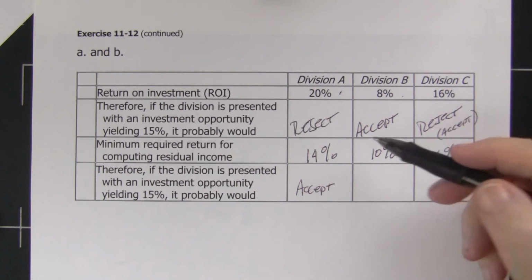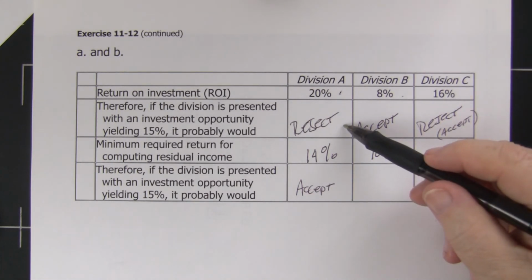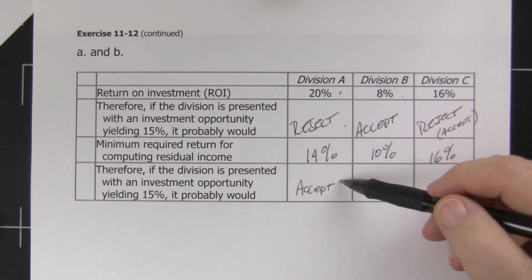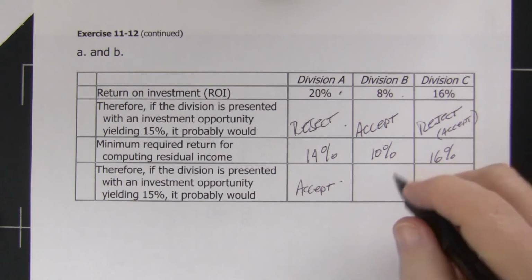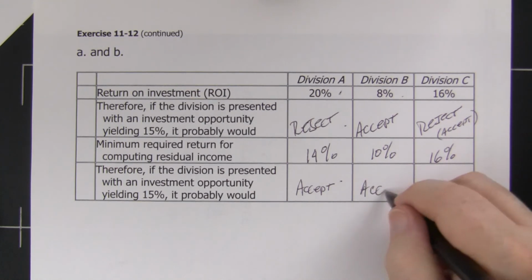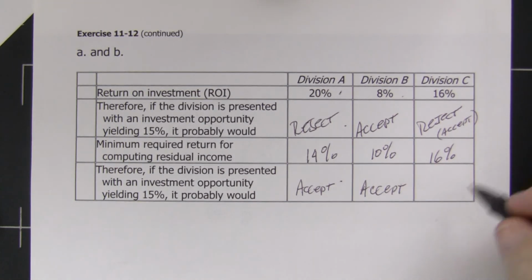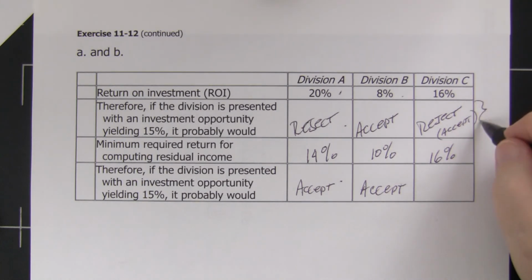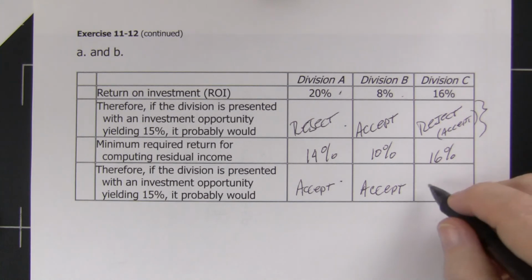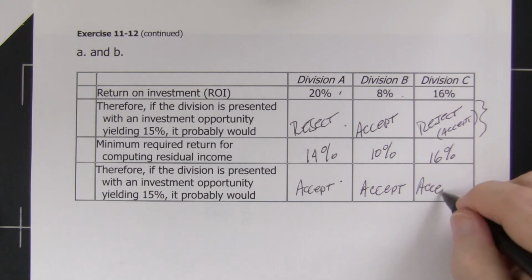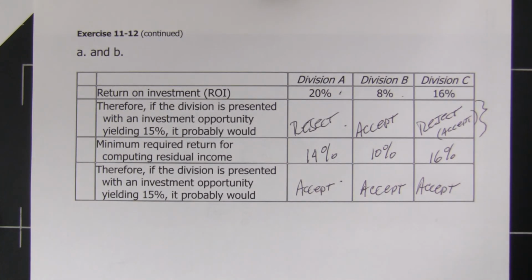So look at the difference. If we look at return on investment, we would reject it. If we look at residual income, we accept. Division B, in either case, will accept it. And Division C, where it was so close, a flip of a coin, if we're going by residual income, we would absolutely accept.